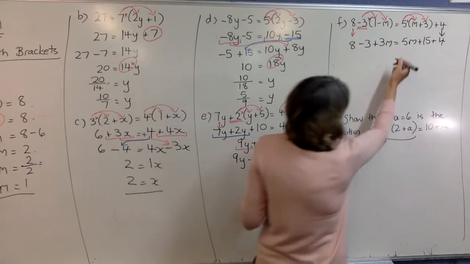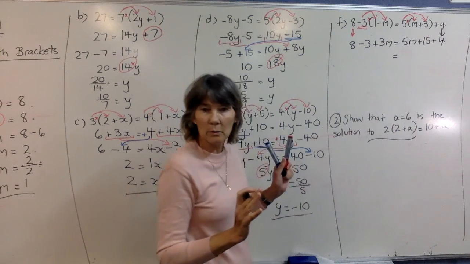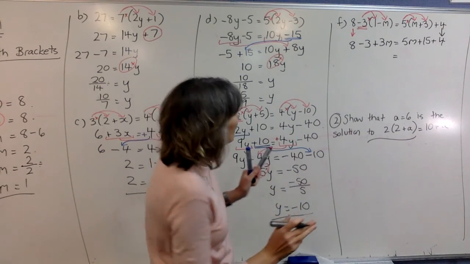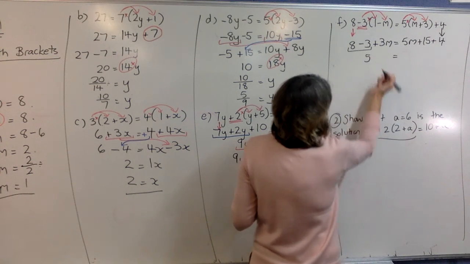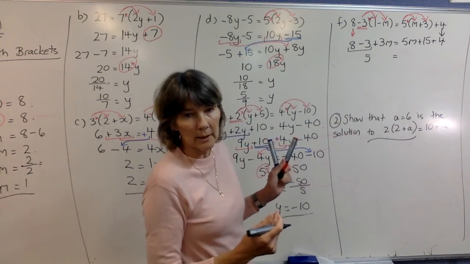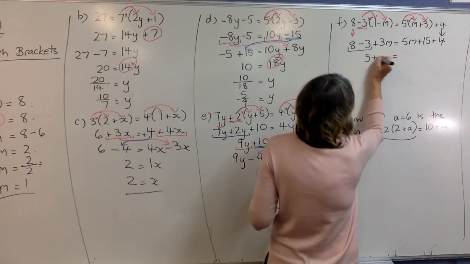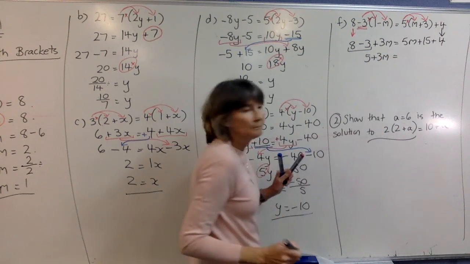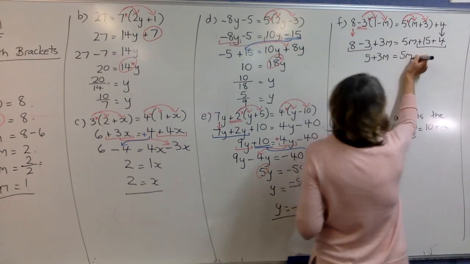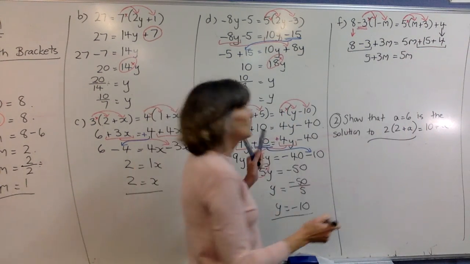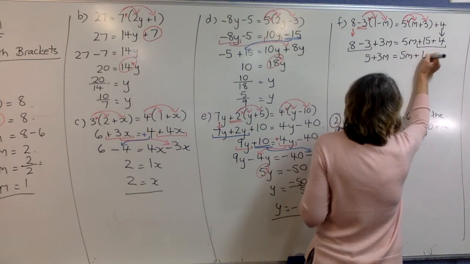Now we're only collecting things on the sides, just tidying up now. So these two can be collected, and you get 5. That's when you collect it, not when there's still multiplying to do. Copy that down. And over here we can collect these things, can't we? So write down the 5m, and then plus 15 plus 4 is plus 19.